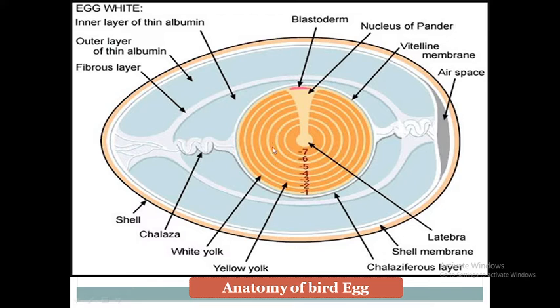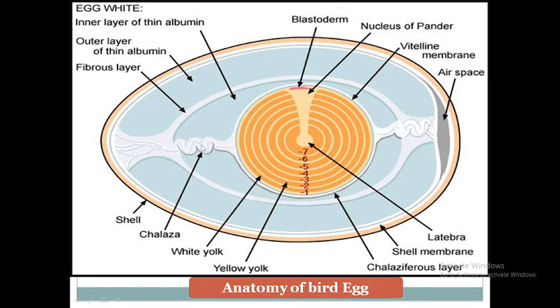At the center, it shows the latebra, which continues upward in the form of the nucleus of Pander, on which the entire development of an embryo takes place. And in this yolk, concentric layers of white yolk are present. So this is not just a yellow yolk; it consists of white concentric layers of the yolk.